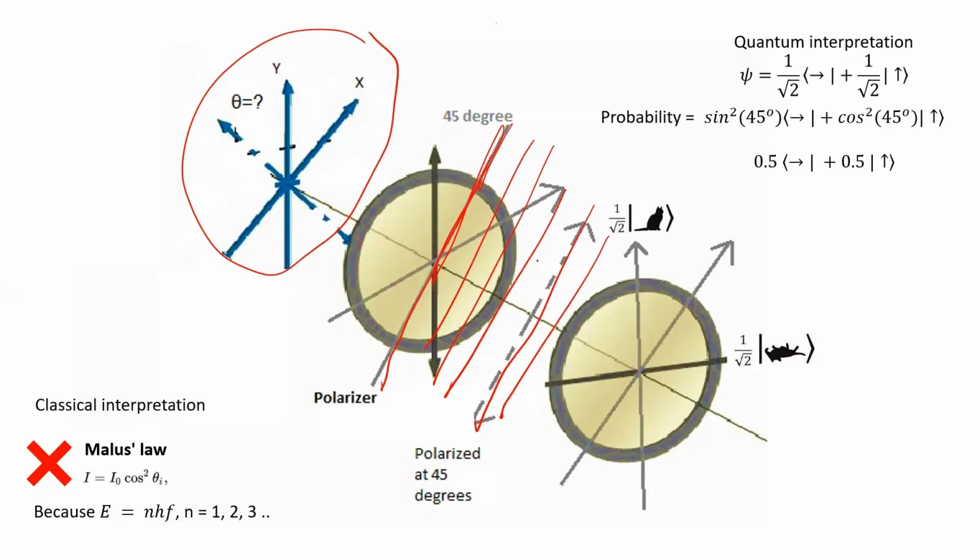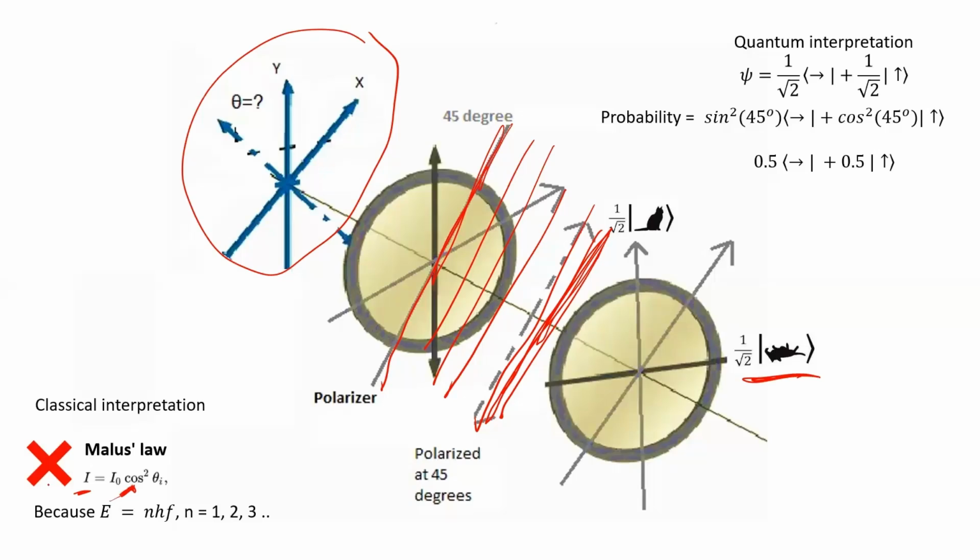Now if you pass this through another vertical polarizer, this polarizer is vertical, this cannot pass. So it either becomes horizontal, which means the cat is dead, which means no pass, or it becomes vertical and it passes. According to the classical interpretation, this is Malus's law, which means you just put the cosine of the angle here and you will get the intensity of what will pass.